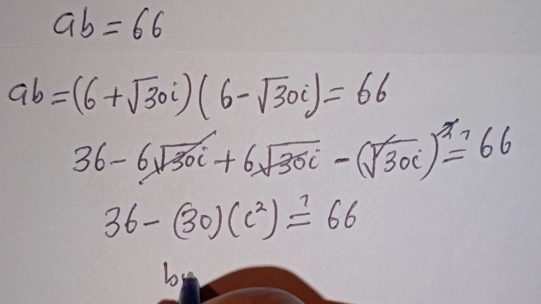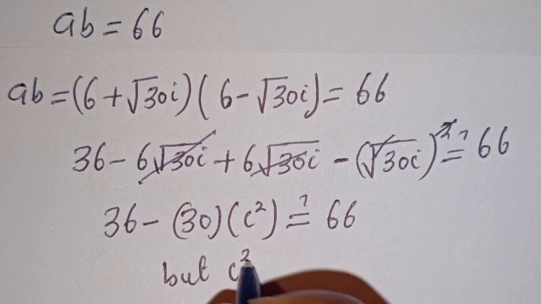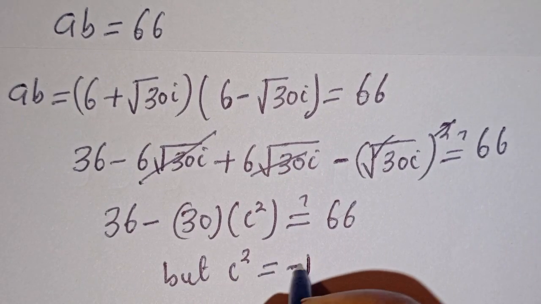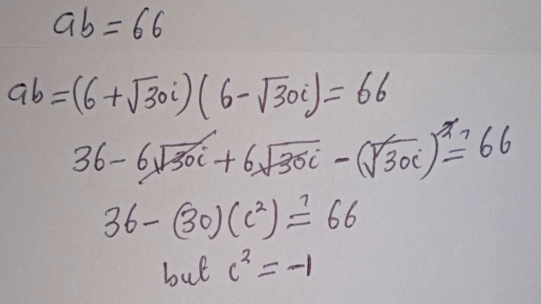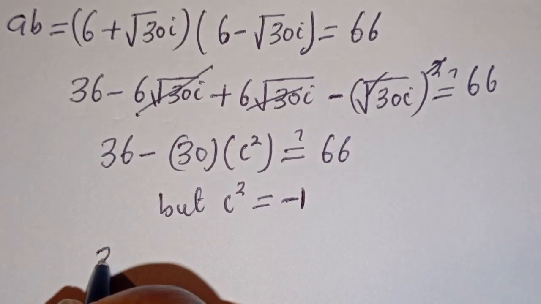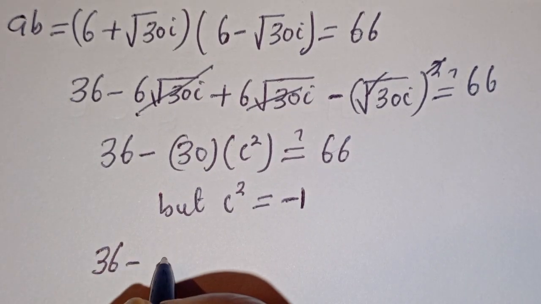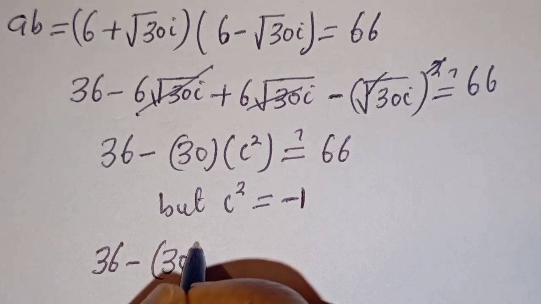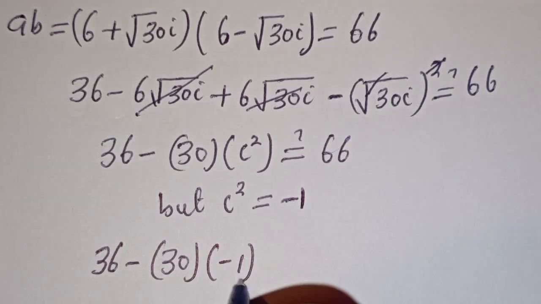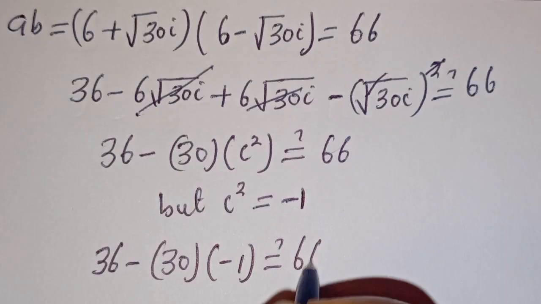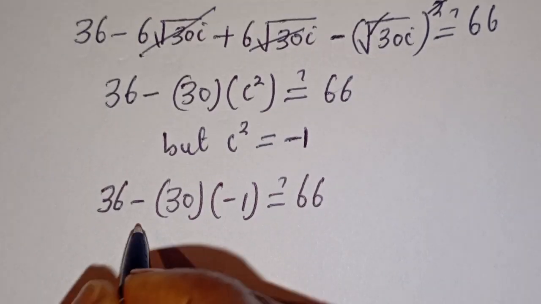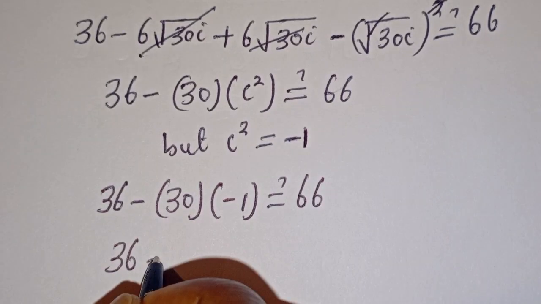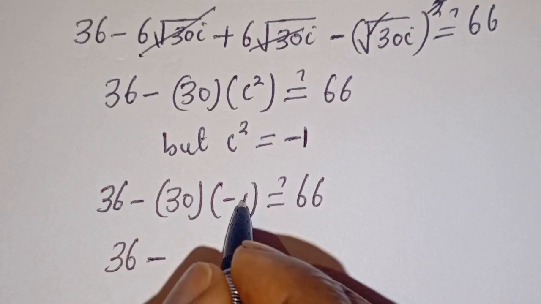But i square is equal to minus 1. Now we have 36 minus 30 multiplied by minus 1 must be equal to 66. Here we have 36 minus 30 multiplied by minus 1.